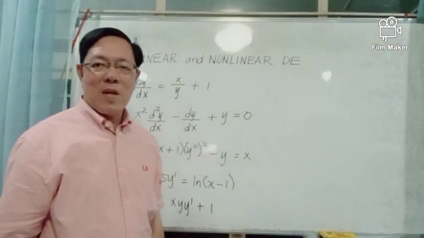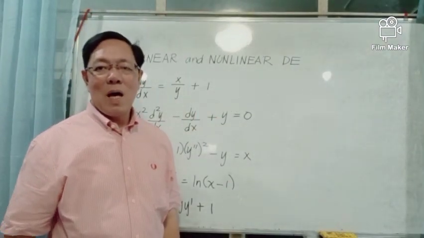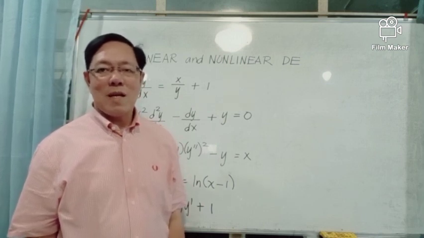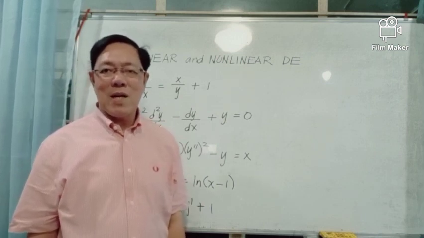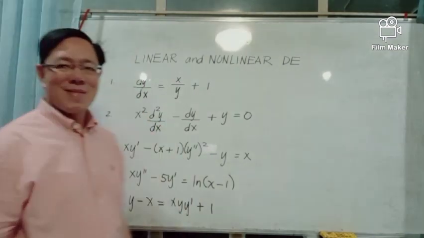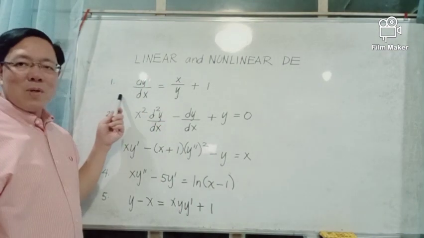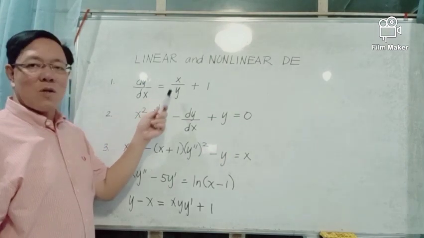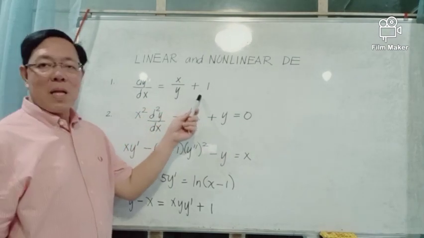Consider the following differential equations. We will now determine whether each differential equation is a linear or non-linear differential equation. Number 1, we have dy/dx equals x over y plus 1.